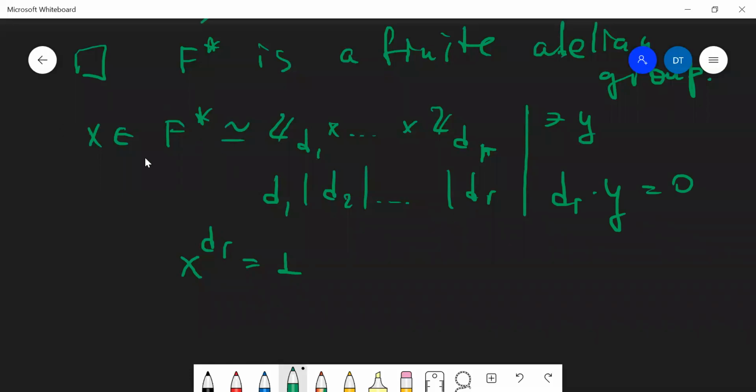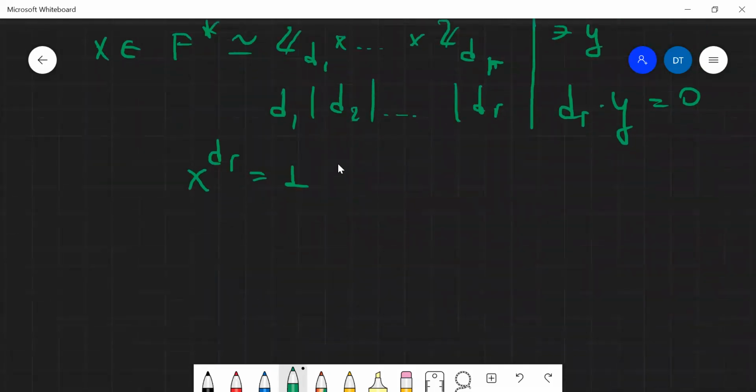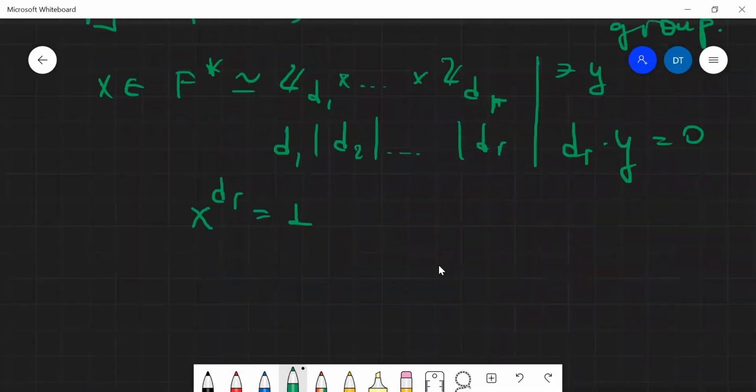On the left-hand side, we have a multiplicative notation. So I raise to a power, and the neutral element is 1. On the right-hand side, I have an additive notation. So raising to a power corresponds to multiplying by an integer, and the neutral element is 0. So it's because of this assumption that we have this. Are there any questions?